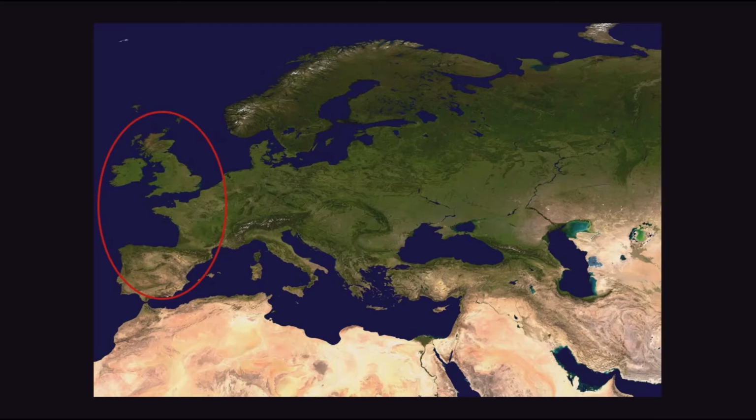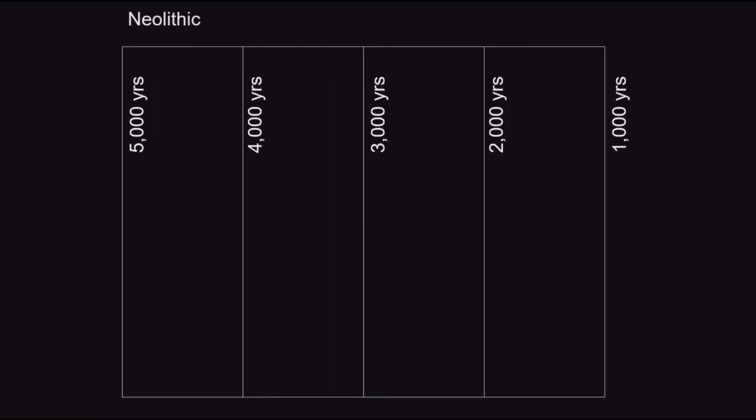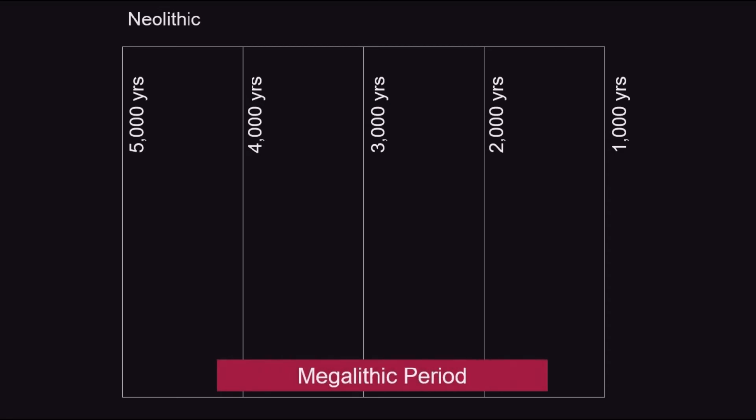But we also see a little bit into Scandinavia, but we're not going to find much further than that. There's also a few sites along the Mediterranean, but this is where most of this is going to be located. And so not surprisingly, we call this megalithic Europe, where for nearly 3,000 years we have people erecting large stones. So the megalithic period is from this period here.